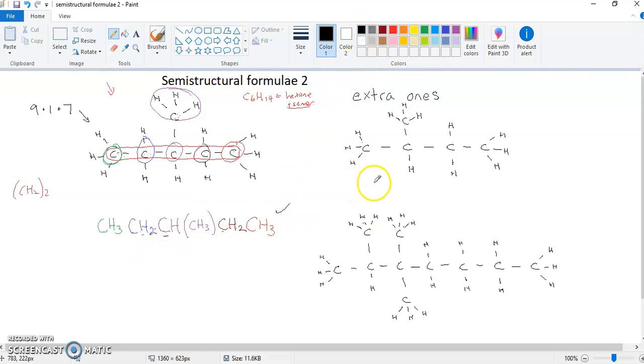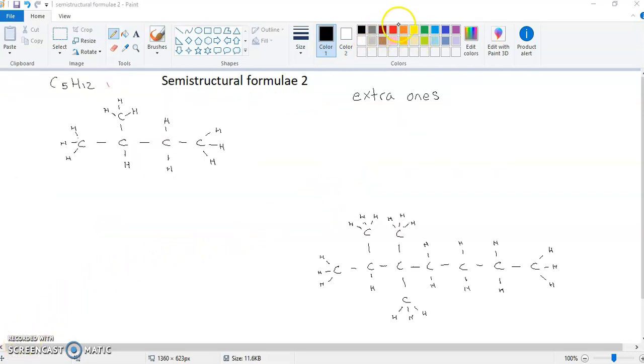Now, I'm going to do a couple here that I've just drawn up myself, because all the ones that you've been shown in the book are symmetrical, and we need to have a look at ones that aren't symmetrical. Okay, this isomer of C5H12, a pentane isomer, there's a whole bunch of rules about this, but the first thing we need to do is find the longest carbon chain.